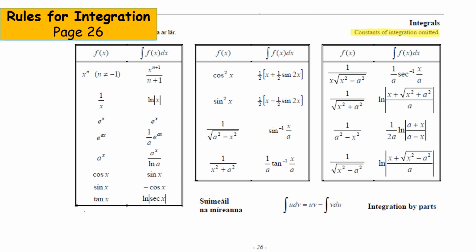So basically what that means is you need to put in a plus c for any of these. There's a plus c that should be beside each of these answers, and they have omitted them, and it is up to you to put them in. So bear that in mind. Again, we will look at when we don't need to put in the plus c and how we can work out what that c is as well.